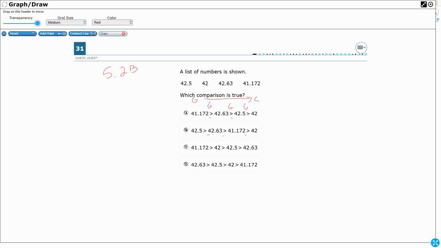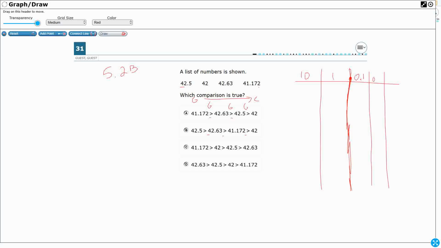we need greatest to least. So let's make a place value chart, and it looks like we go from the tens place to the thousandths. All right, so I'm going to draw a nice thick line right here. That's going to be my decimal. And I'm just going to put the place value: tens, ones, tenths, hundredths, and then thousandths.